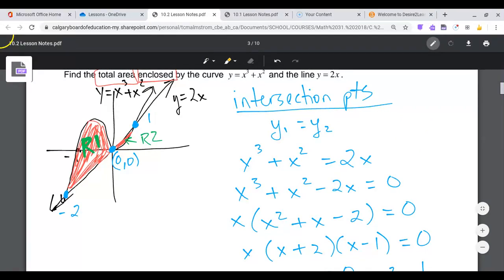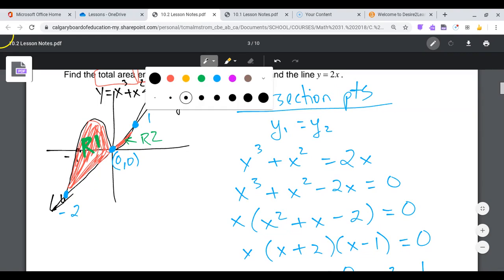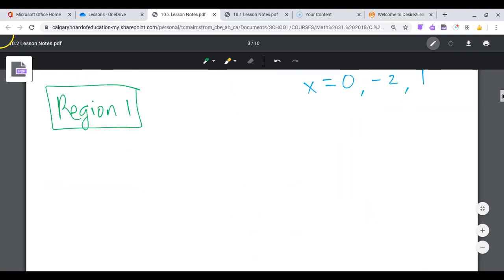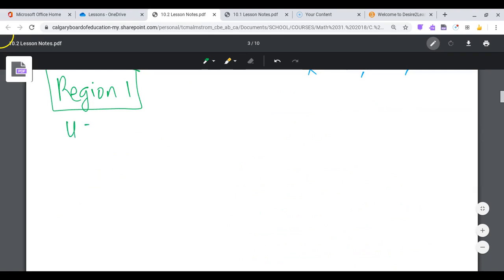Okay, so in region 1, the upper curve is y equals x cubed plus x squared, which means the lower is the 2x.